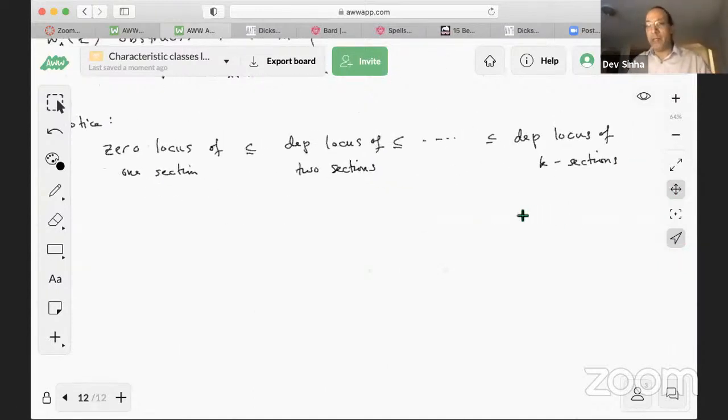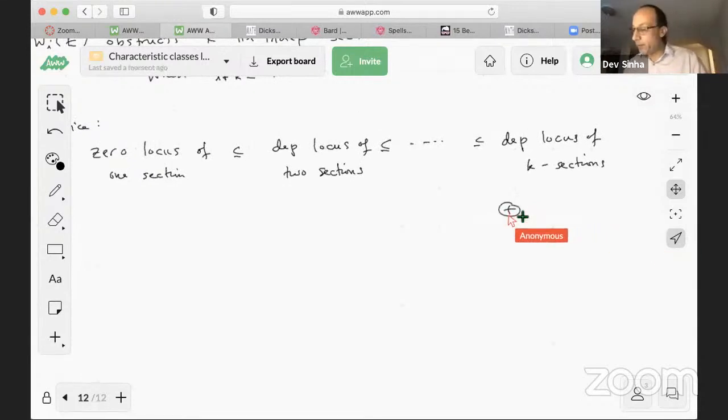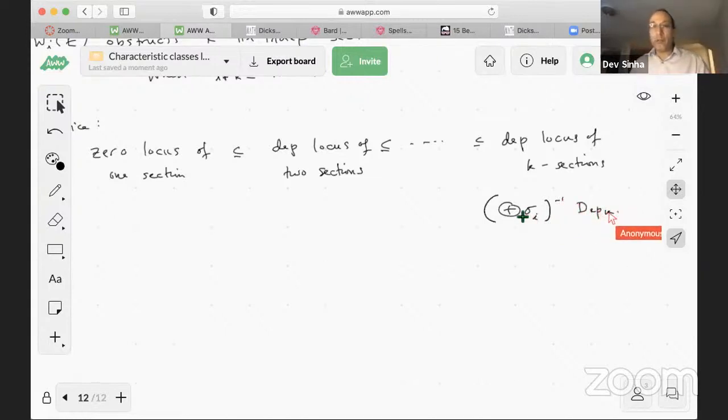All I would mean is looking at the direct sum of sections and looking at the preimage of dep K. But remember that dep K is the image of dep K hat. So if I write it this way, the image of this smooth thing is this dependence locus.